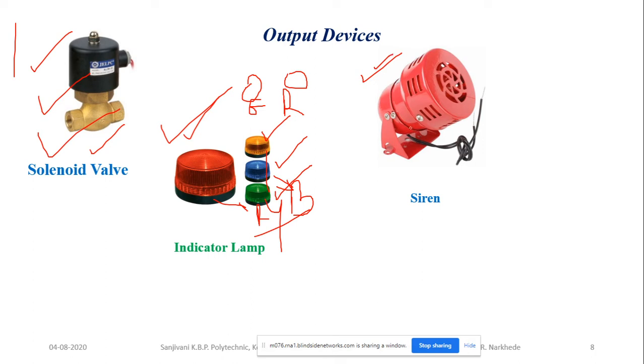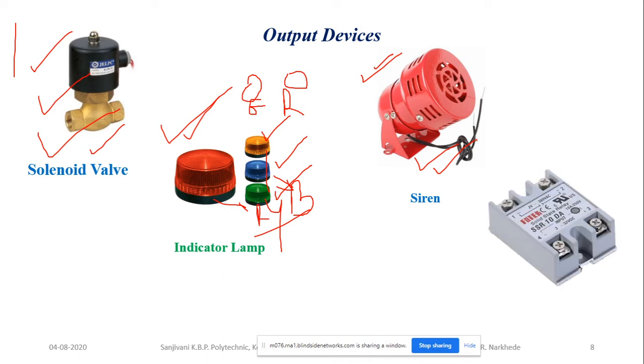Sirens or hooters are activated at certain locations or points, when there is danger, fire or some emergency situation. At that time we start the sirens. So sirens are also used in the industry as an output device.